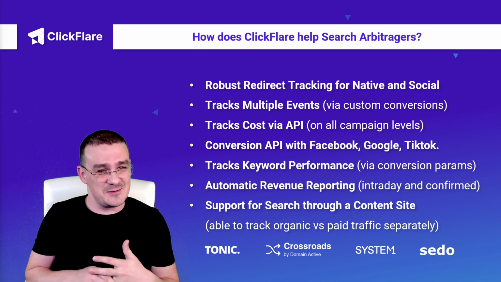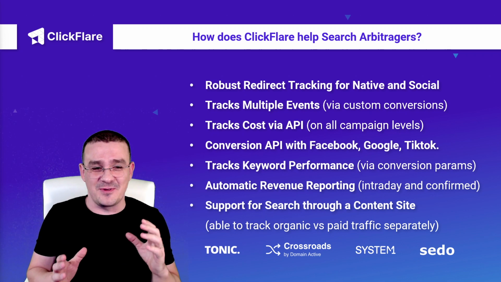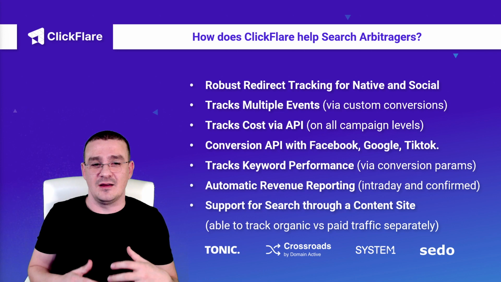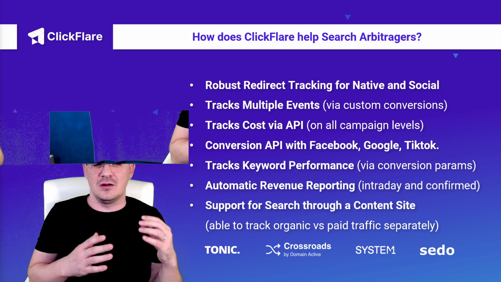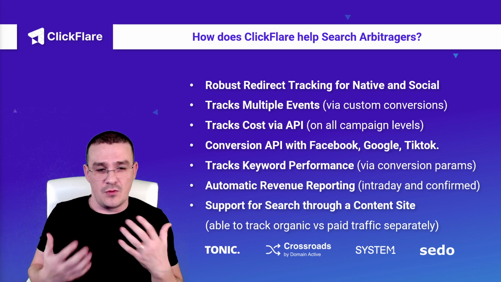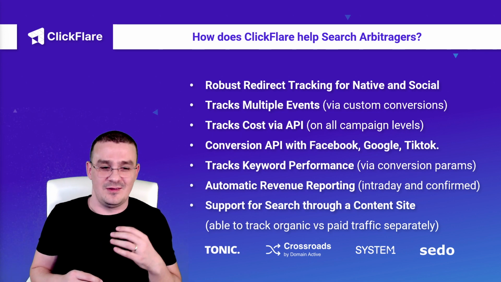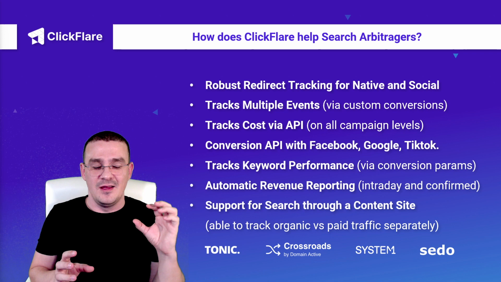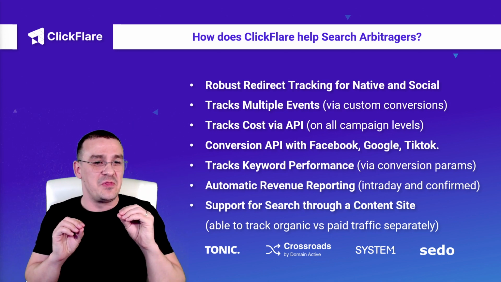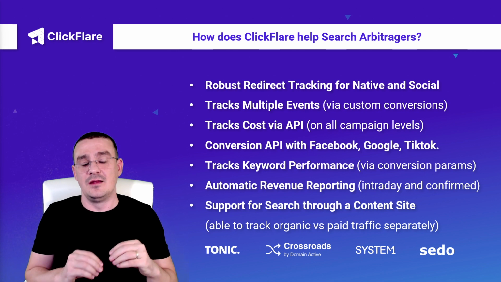And specifically with the combination of ClickFlare and the optimizer, we're able to pull and update the data not only for today, but even for yesterday or the day before, every 1 hour. So for anyone who's into search arb, by putting together the optimizer and ClickFlare, you're able to get the most frequent data update that you can.